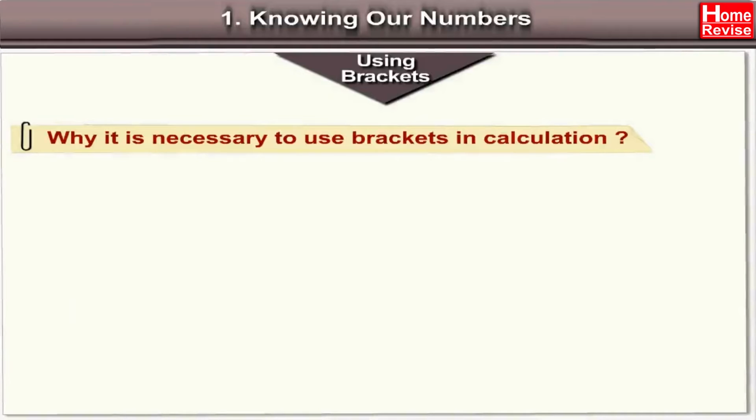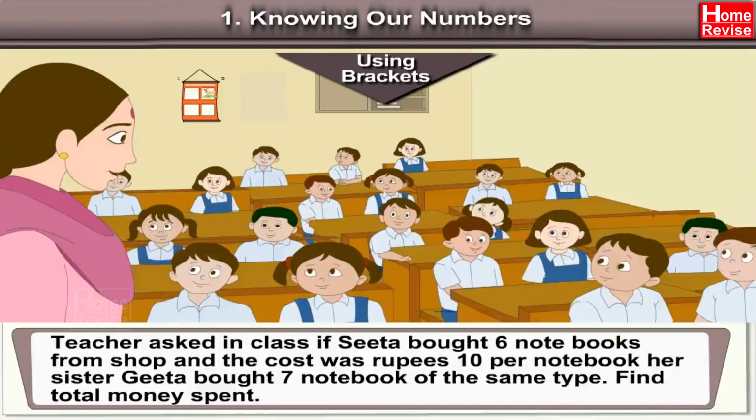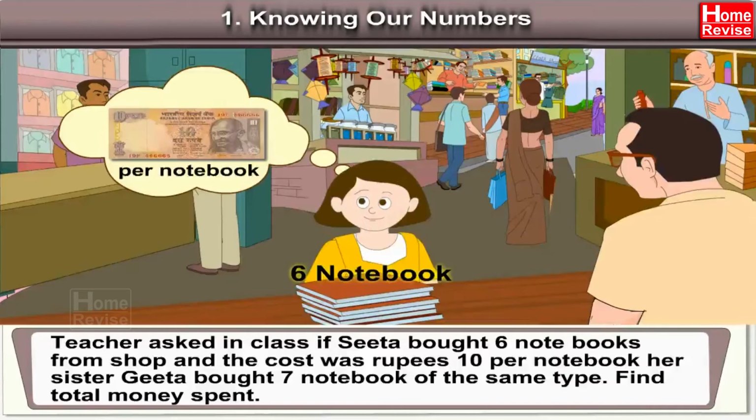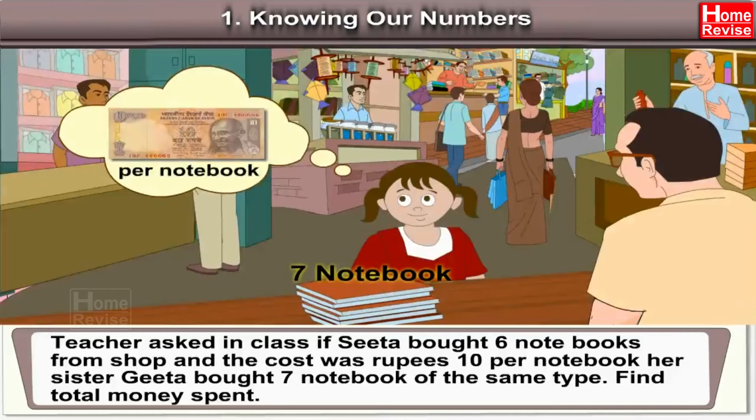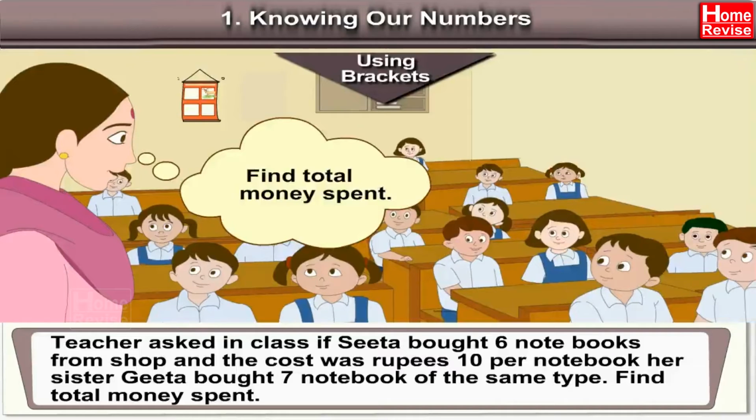Using brackets. Why is it necessary to use brackets in calculation? Well kids, in order to get the answer, let us see one example. Teacher asked in a class, if Sita bought 6 notebooks from shop and the cost was rupees 10 per notebook, and her sister Geeta bought 7 notebooks of the same type, find the total money spent.